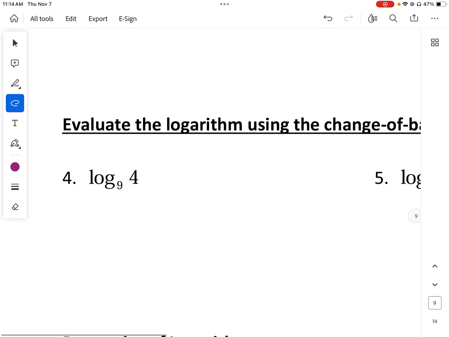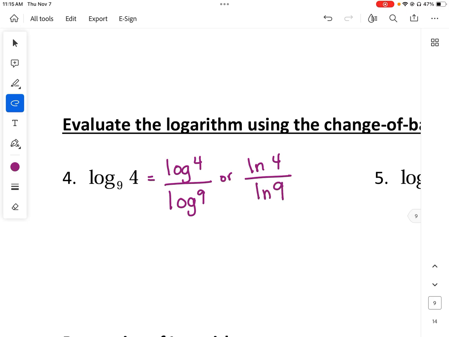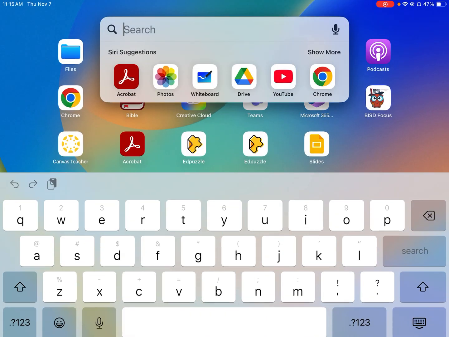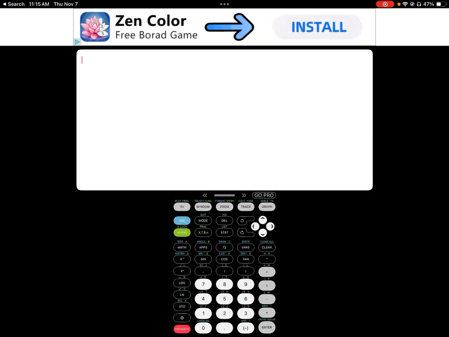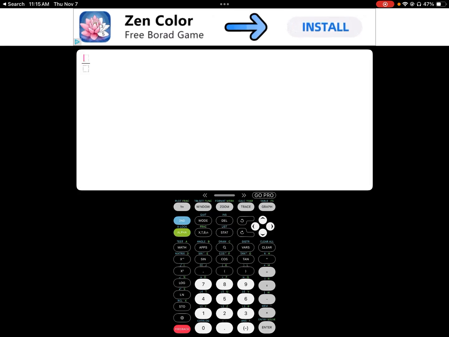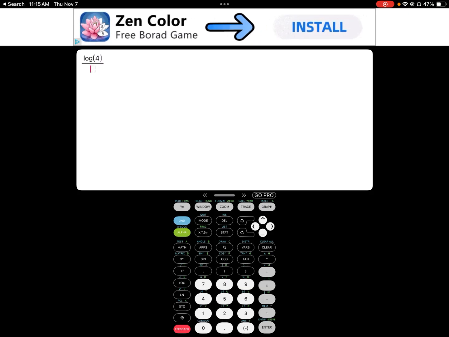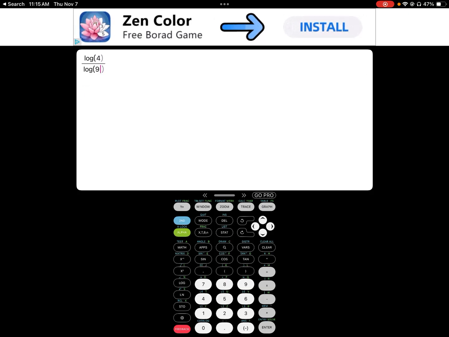Okay, so let's go ahead and evaluate this. So we're going to write this as log of 4 over log of 9. Or we can say ln 4 over ln 9. So we can put that in our calculator, which is what we want to do. So let me go to calculate 84. Alpha y equals, to get our fraction, and we're going to do log of 4 over log of 9.